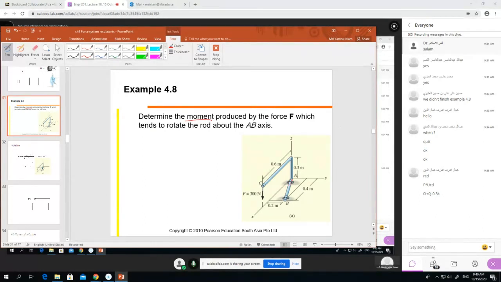So we have to do the AB axis, right? We have the AB axis.